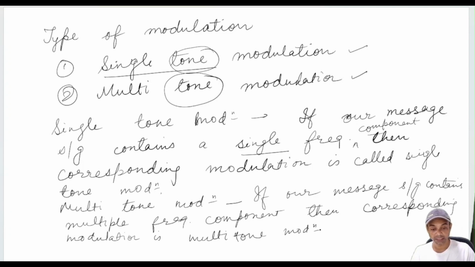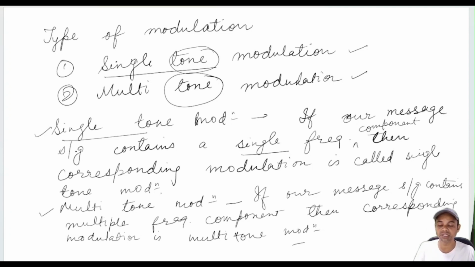Actually, multi-tone is the practical approach, because there is no message signal which contains a single tone, meaning a single frequency. Each and every message signal, if we draw in the frequency domain after Fourier transform, we get a band of signal, that is, the message signal contains multiple frequencies.